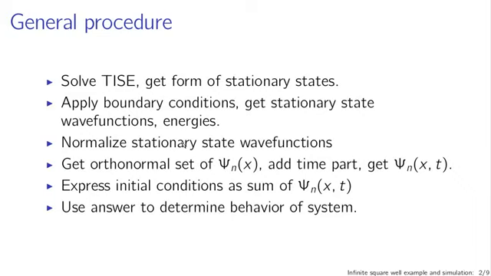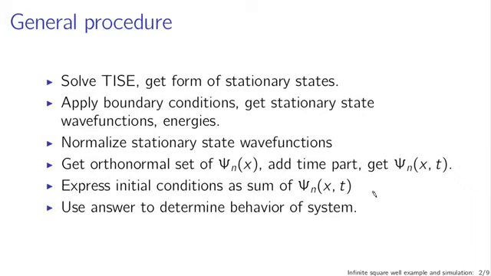These will, for the most part, form an orthonormal set, psi sub n of x. We can add the time part that we got when we separated variables in the time-dependent Schrödinger equation. We can then express our initial conditions as a sum of these stationary state wave functions and use this sum to determine the behavior of the system.